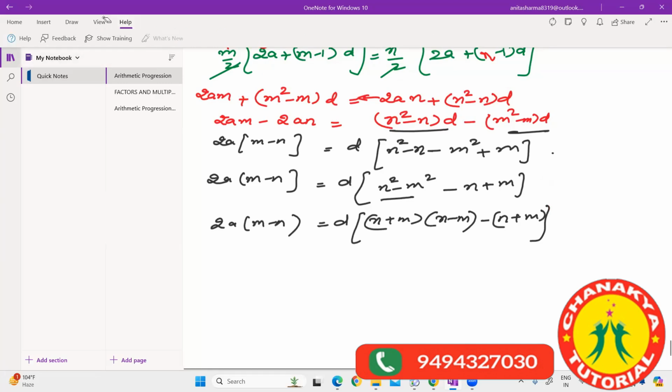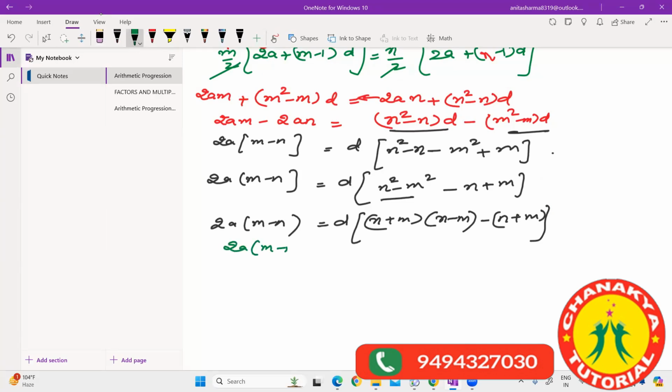So now 2a into m minus n. Now what can you take common? m minus n I can take common. Plus n, m plus n I am taking common. Then it will be n minus m minus 1. Right, children?